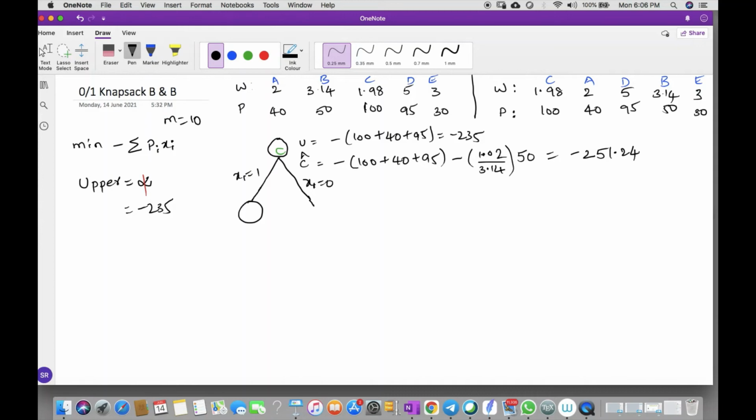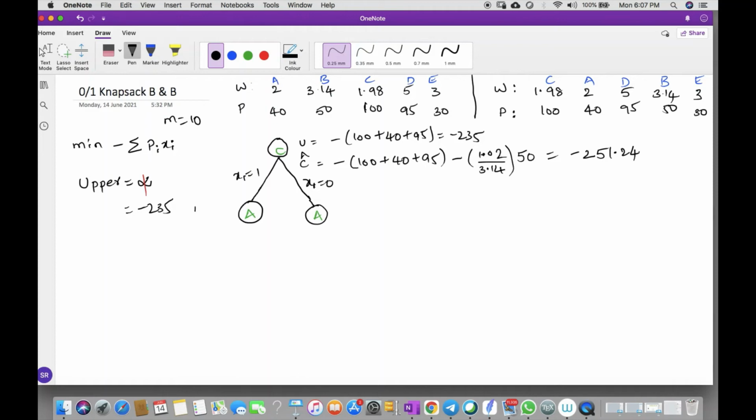So we have two. From C we have A, so let us write this as A here. By including x1, x1 is equal to 1, we did that earlier also. We included the first item and we got 8.98 as the weight sum. So the u and c cap values would be exactly the same here also.